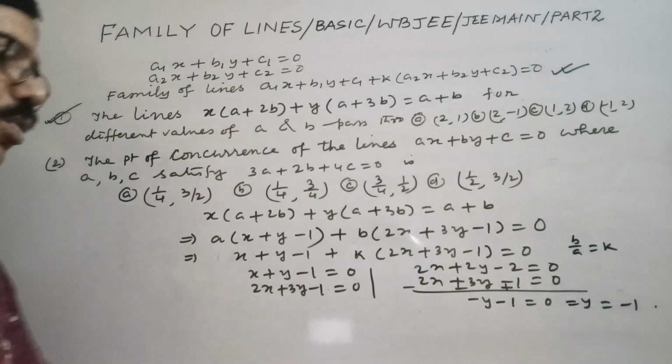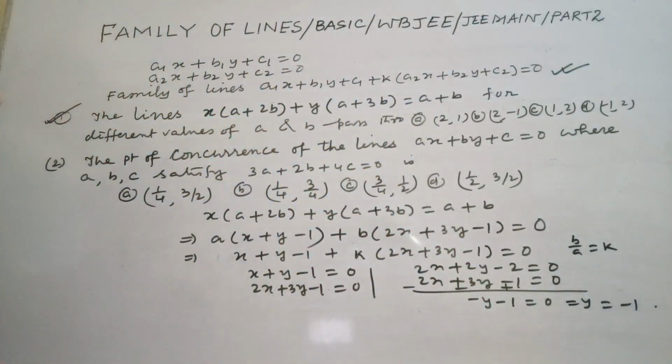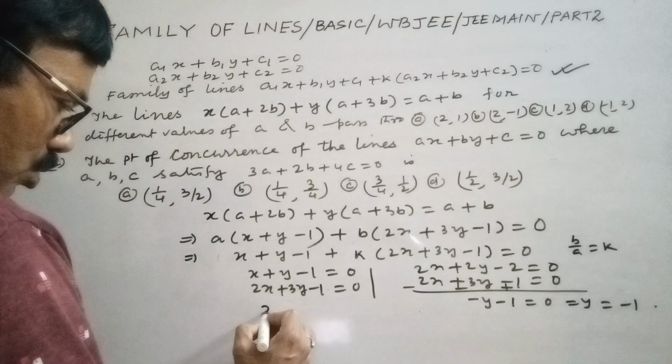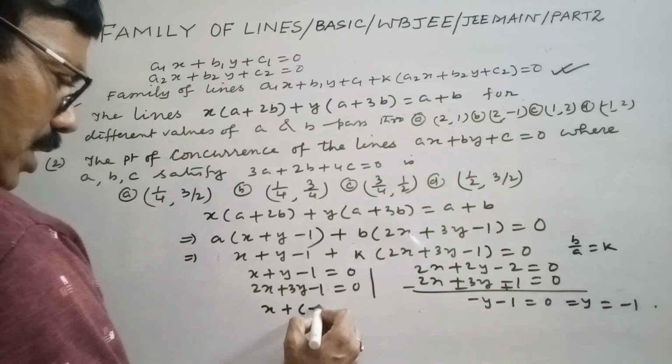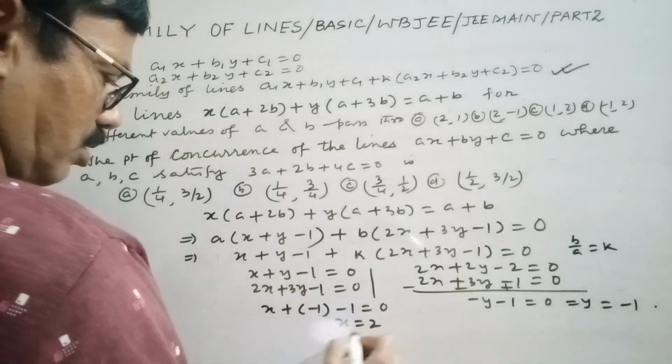So y plus 1 equals 0, so y equals minus 1. If we put y equals minus 1, x plus y is minus 1, and this is minus 1 equals 0. So x equals 2.